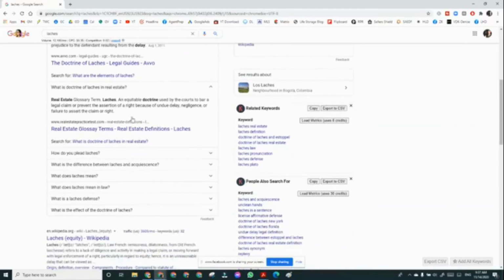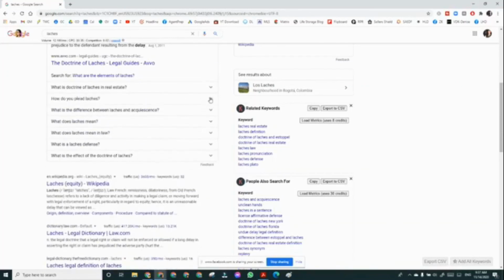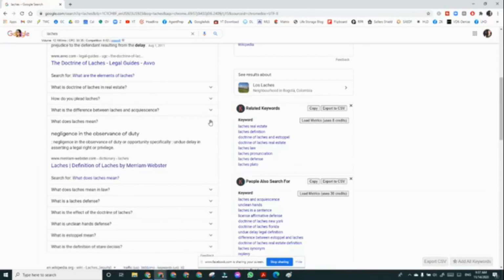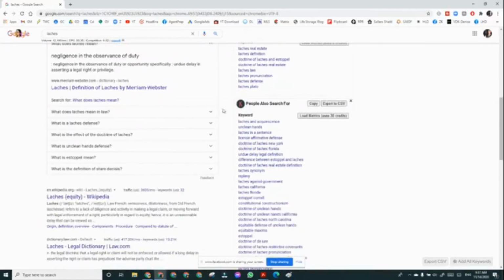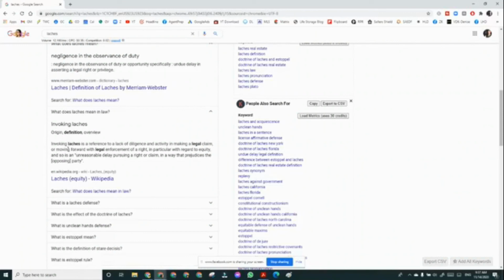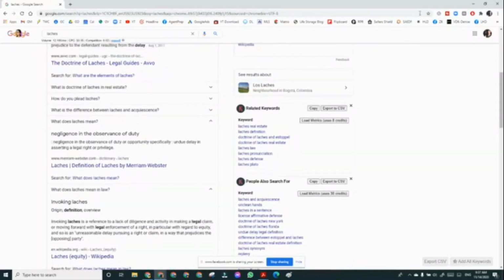And equitable. So there are different descriptions that you can look for until you understand it. What does latches mean? Okay, here's another one: negligence in the observance of a duty. Latches mean in law, invoking latches in a reference. So remember, a latch is like a latch on a door, preventing something.